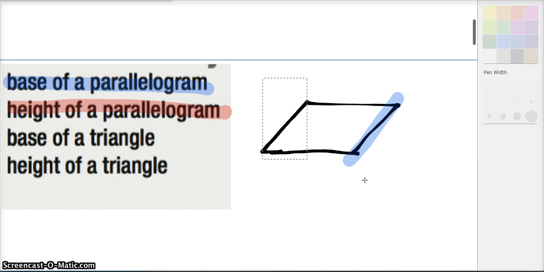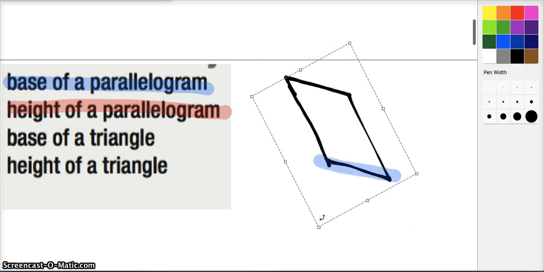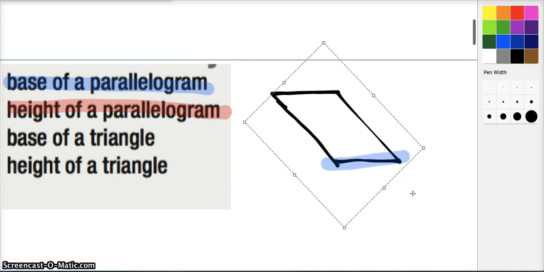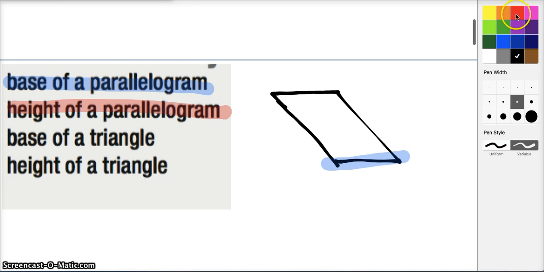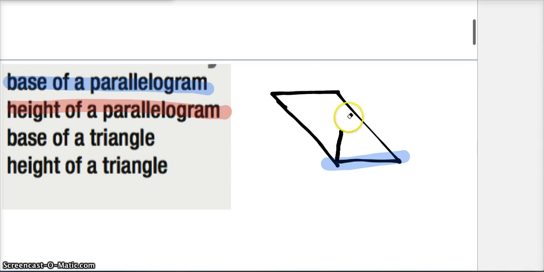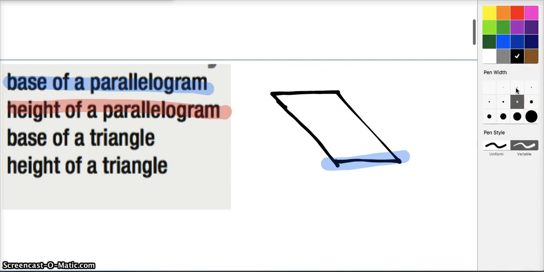If I am given a parallelogram, the height is the perpendicular distance from one side, the base, all the way up to the other side, or the extended line going through that particular place. That would be the height.